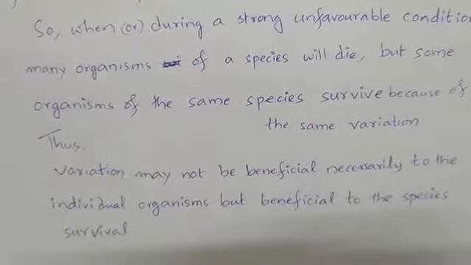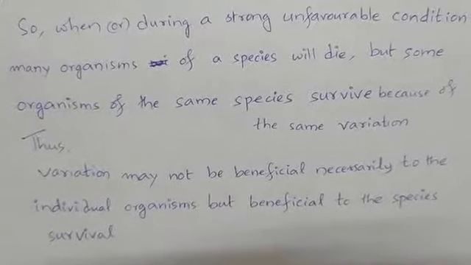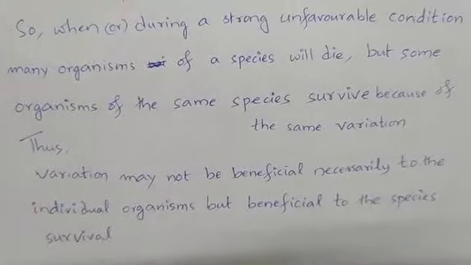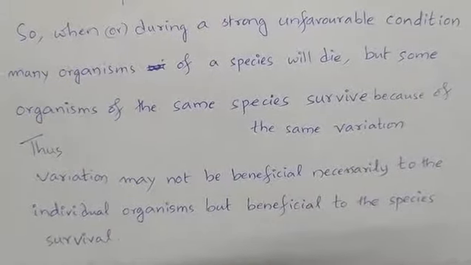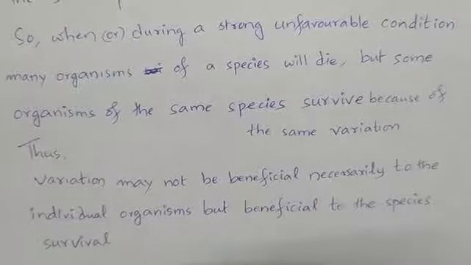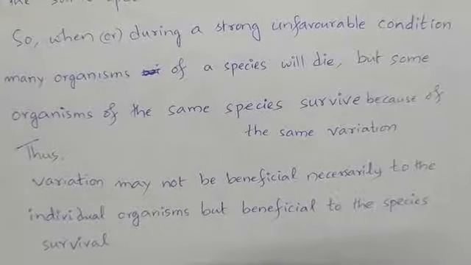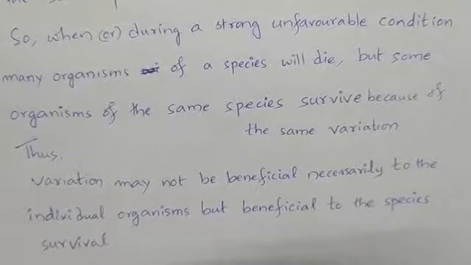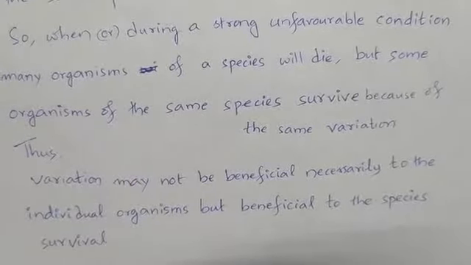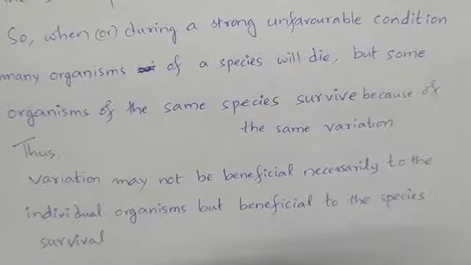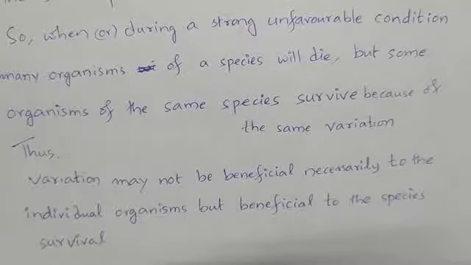Variations. So, variation may not be necessarily beneficial to the individual organisms, but it is beneficial to the species survival. In the textbook, an example is given: a heat resistance variation makes bacteria able to survive.